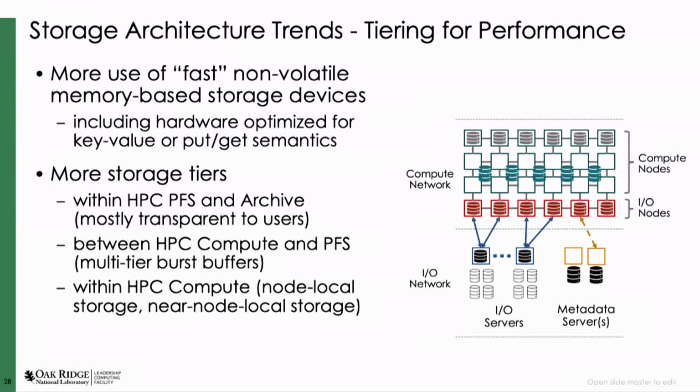So what's that middle green layer then? If the gray storage is node local, the green ones are what we call near node local. The idea here is you can put storage resources inside, for example, a rack of a computer system, and it's still accessed by a local data path.